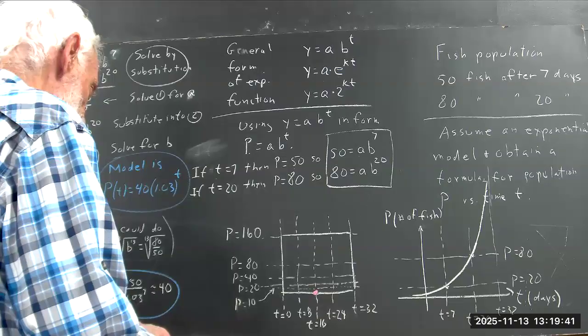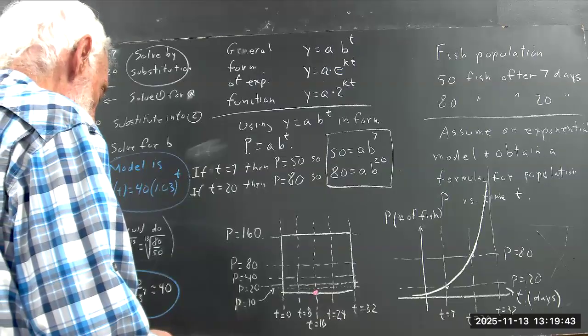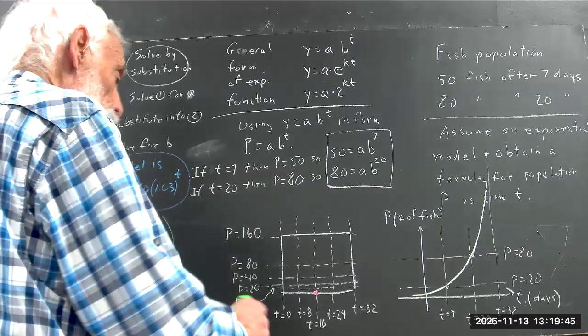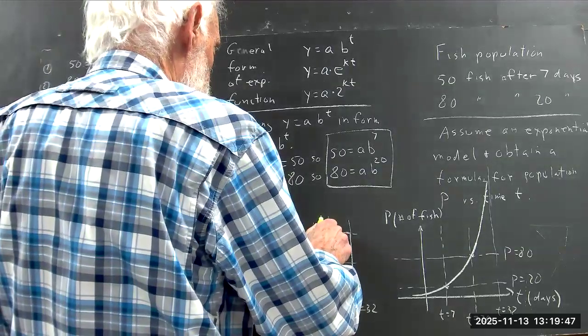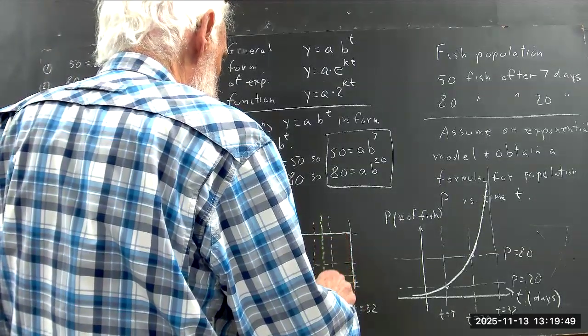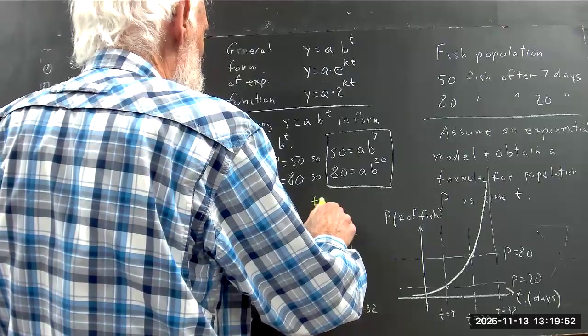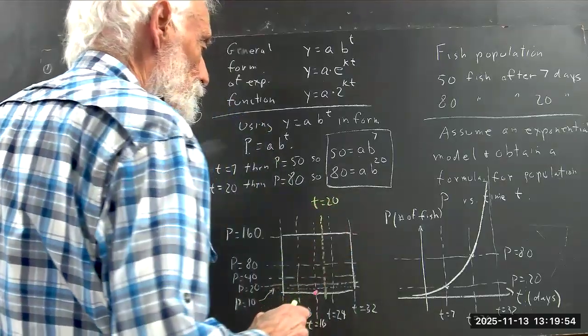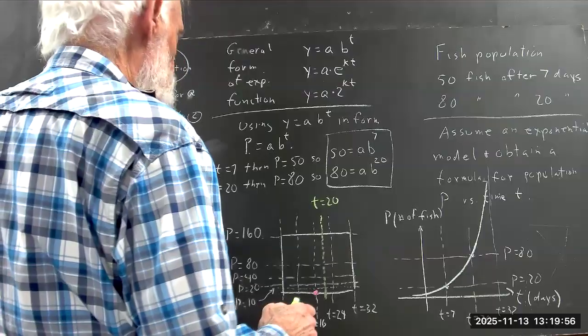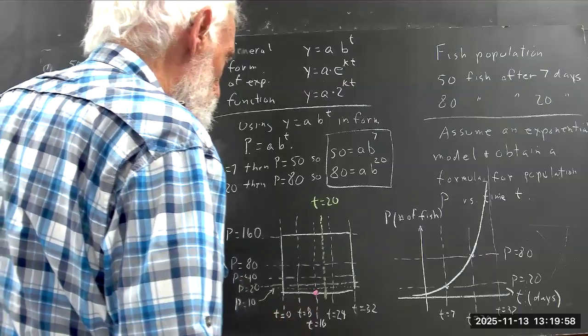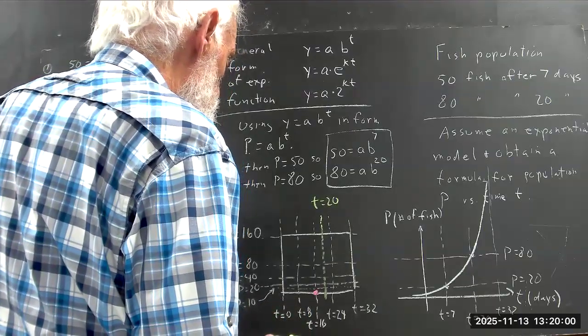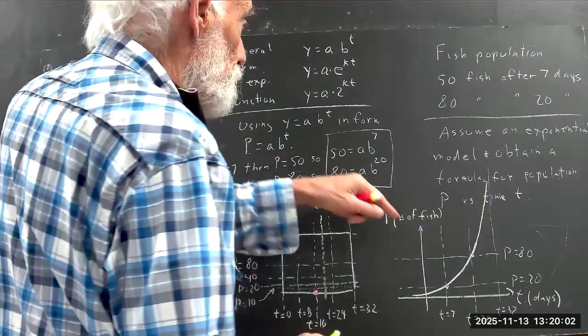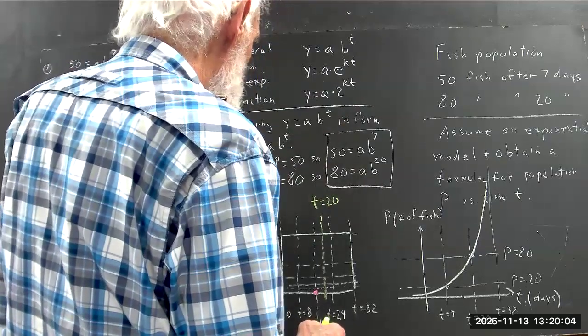I'm just debating what color to use. T equals 20. Maybe here. And the population would be, no, I'm sorry, t equals 20, the population would be 80.